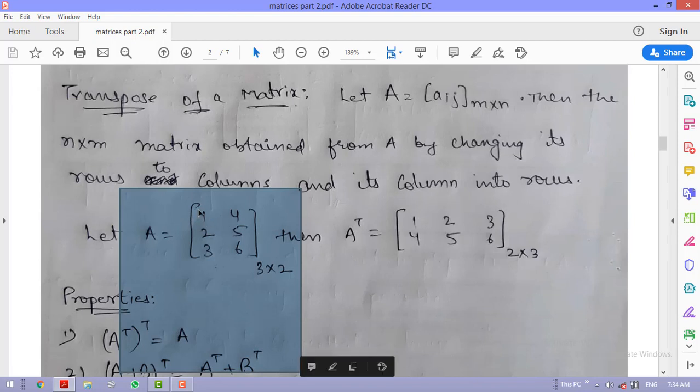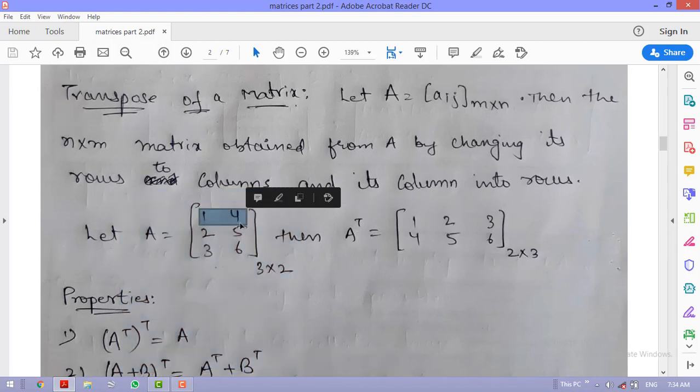As you can see over here, 1 and 4 are in a row, and in the transpose matrix they come in a column, right? Then 2 and 5 in a row become 2 and 5 in the second column. The third row, 3 and 6, has changed into the third column as 3 and 6.